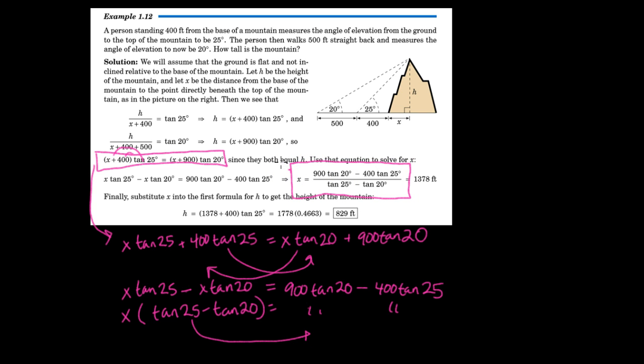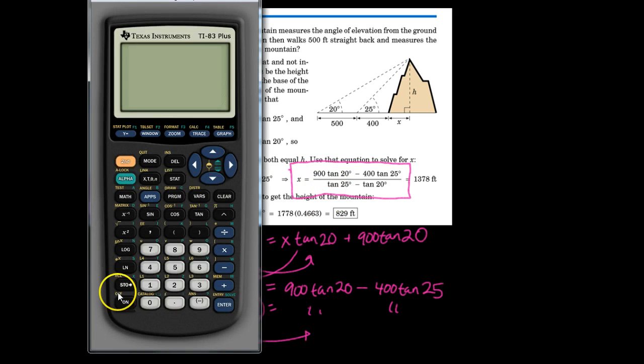So if you need help with entering this into your calculator, I'm just going to do it real quick to show you. What I recommend when you do these long problems, it's more accurate if you do it all at once. So I'm going to do parentheses, and then 900, and make sure you're in degree mode again. That's the mode button right here.